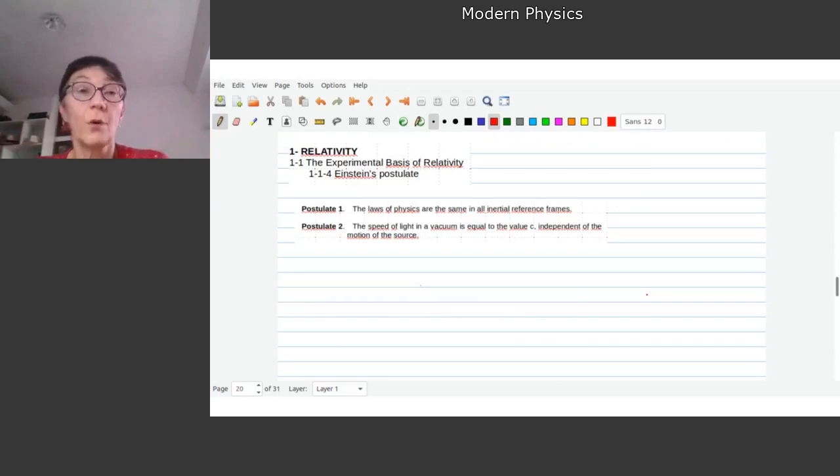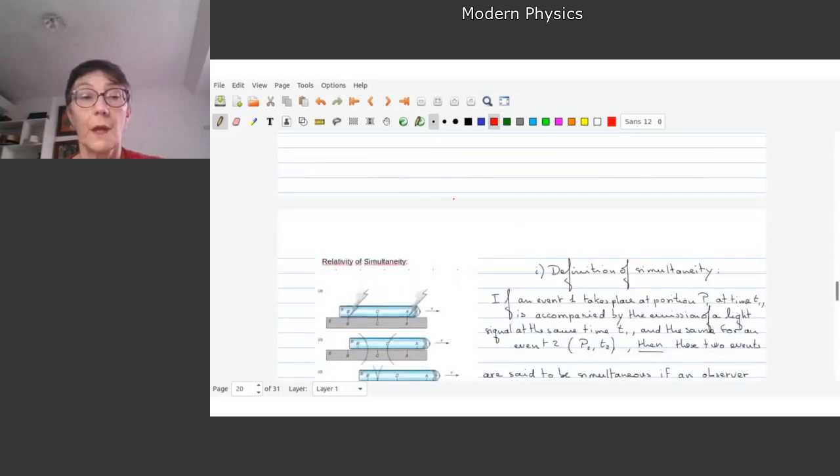And as long as the theory holds, as long as it is valid, as long as you don't experimentally demonstrate it is wrong, it is true. So until today, it seems this is true. So these are the two postulates that Einstein used to build his theory.